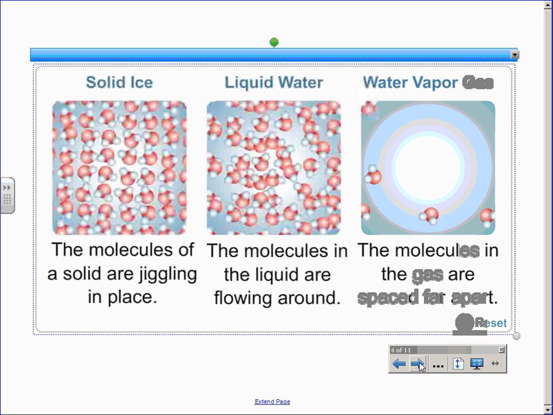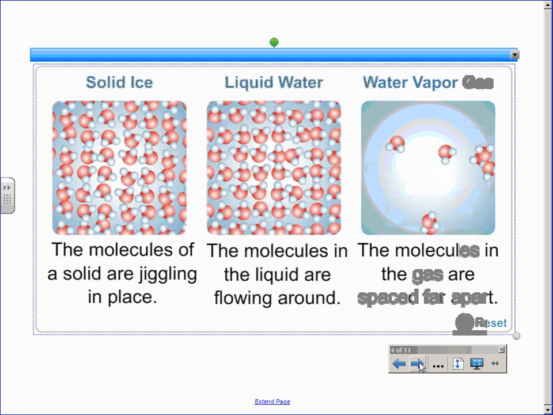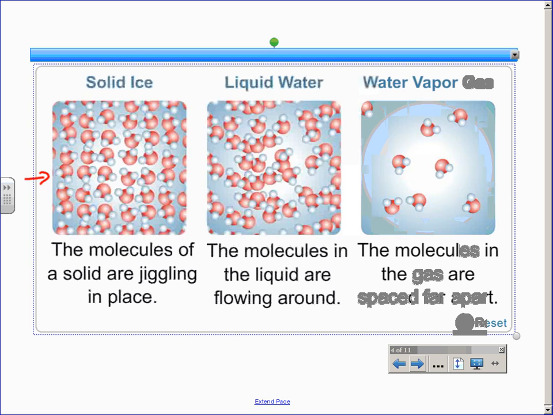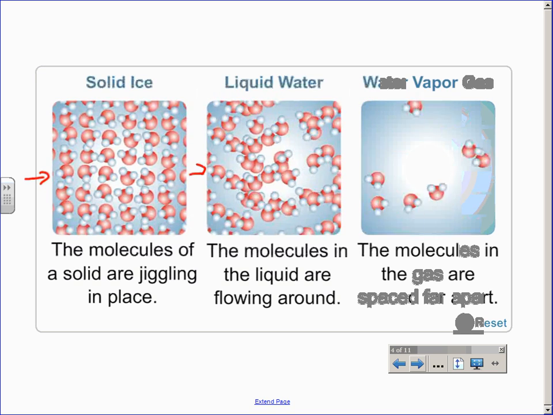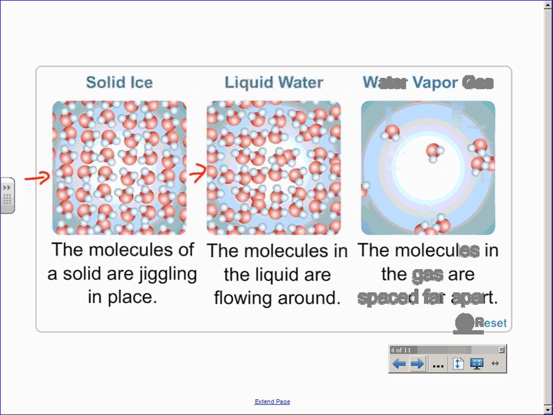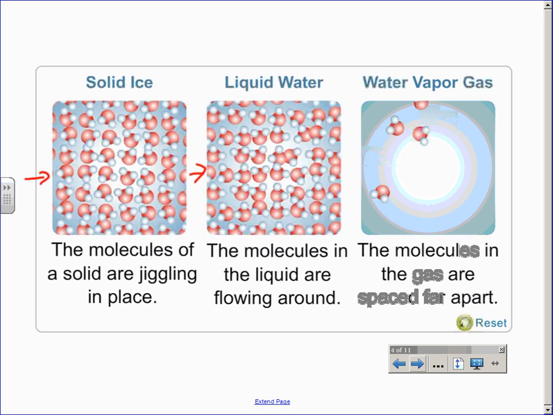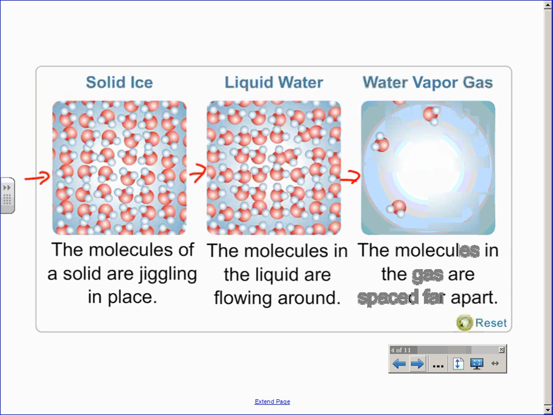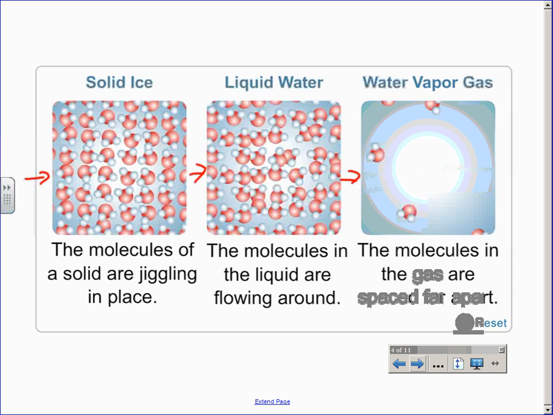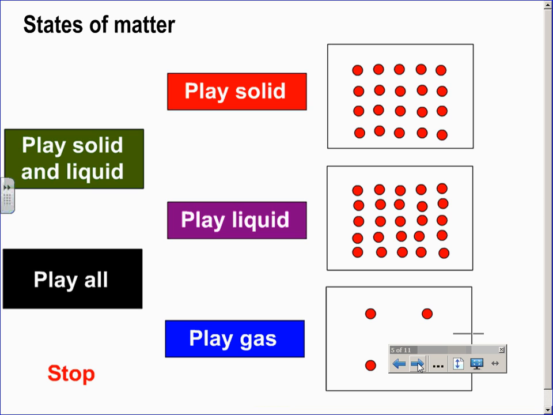So we can witness the transition from solid, when they're placed together, and then it starts to warm up, start to move more, and then finally, when it's a gas, a vapor gas, particles flying around all over the place. States of matter.